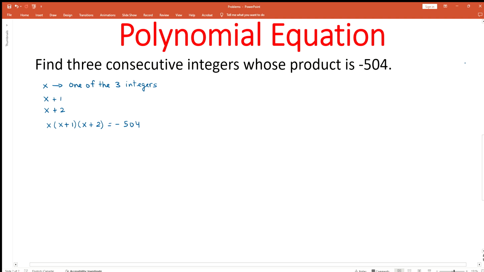The first step is to distribute the terms in the parentheses using the FOIL method. Next, we should combine the like terms in the parentheses.